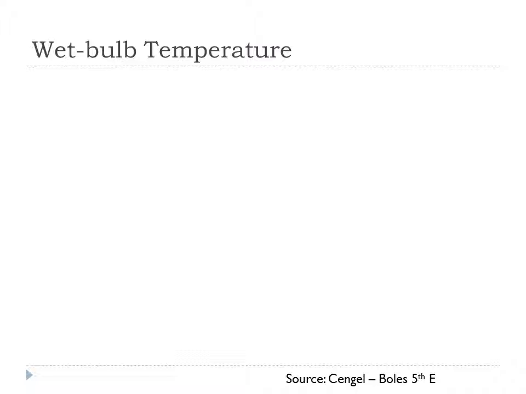Now let us learn the concept of wet bulb temperature. In case of adiabatic saturation temperature, we used an insulated long channel where we contained some liquid water inside it.